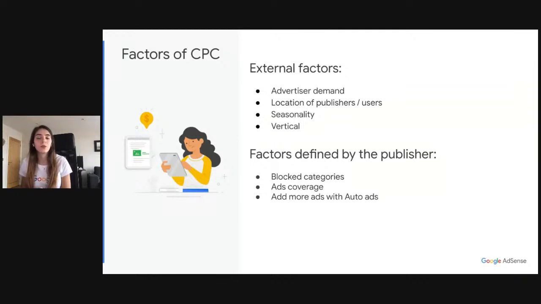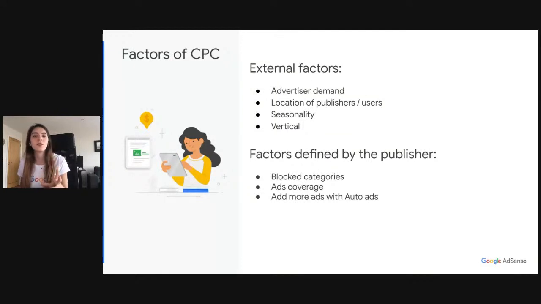Seasonality is a third one. Seasonality would especially be very prominent if your website is very season oriented. Let's say Black Friday, we see a huge spike. If it is about winter sports, you would probably see an increasing demand and an increasing earning from September onwards.